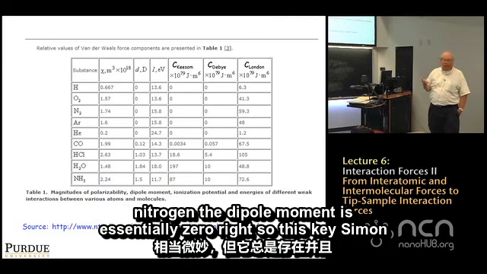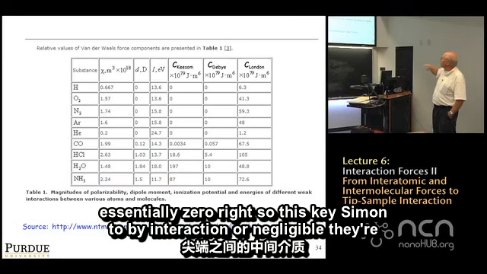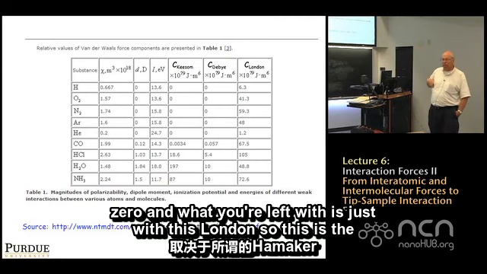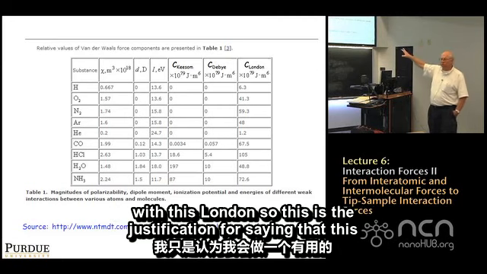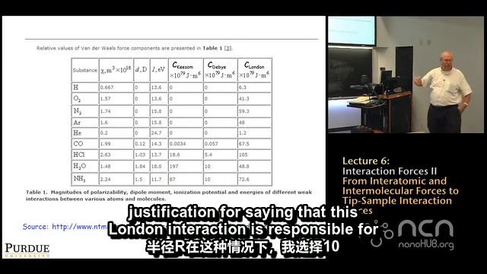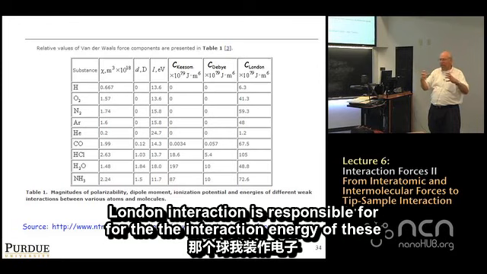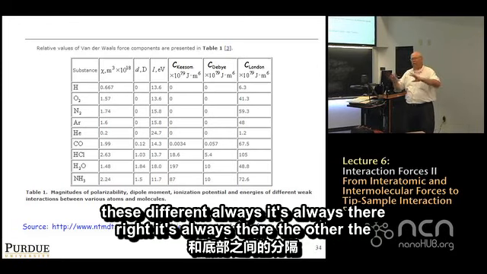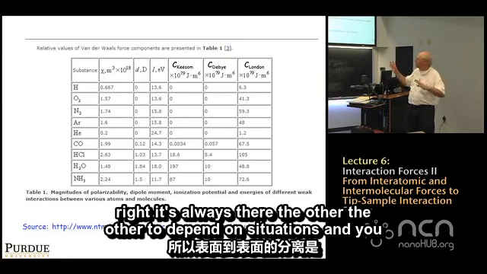And so this Keesom and Debye interaction are negligible, they're zero. And what you're left with is just this London. So this is the justification for saying that this London interaction is responsible for the interaction energy of these different substances. It's always there. The other two depend on situations, and you have to evaluate.